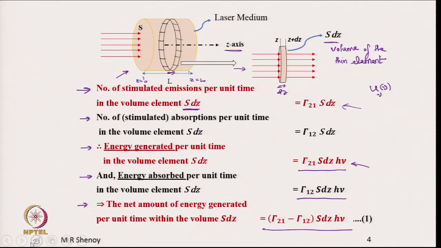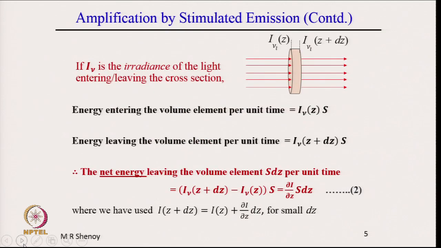Now, let us go further. Suppose I nu was the irradiance of the light entering or leaving the cross section. So, I nu is the intensity here, irradiance, that is power per unit area. The intensity of the beam at the input end is I nu of z.